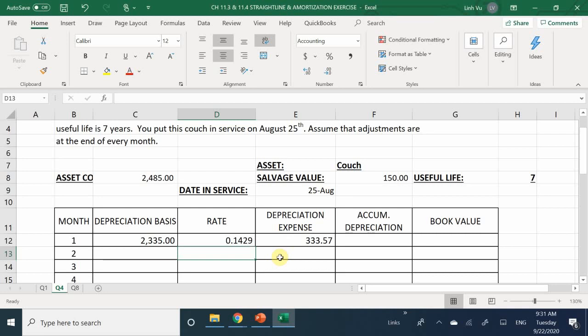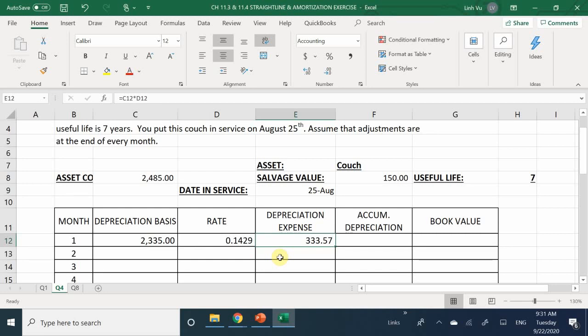Okay. So when I did it your way, I got $333.57. That's if you did not round. My way is I rounded at the 4th decimal point. It's going to be difficult to calculate if you don't have Excel, especially that number right here, because you're not going to type in 0.1428567.